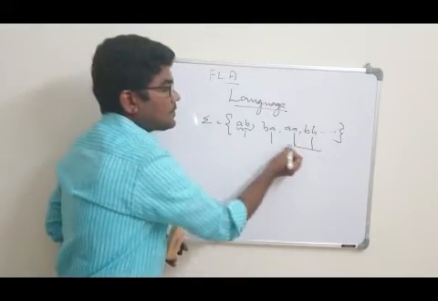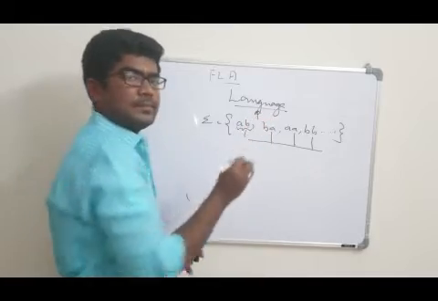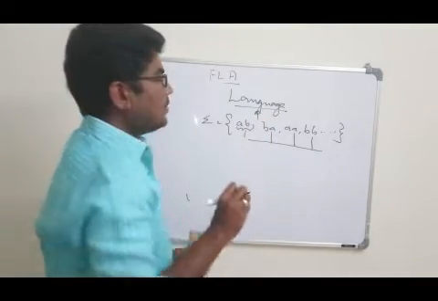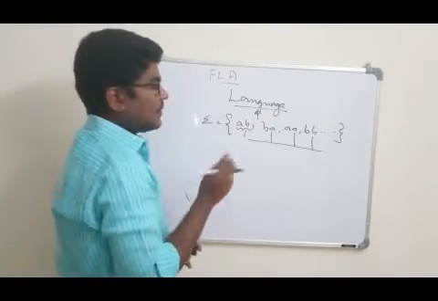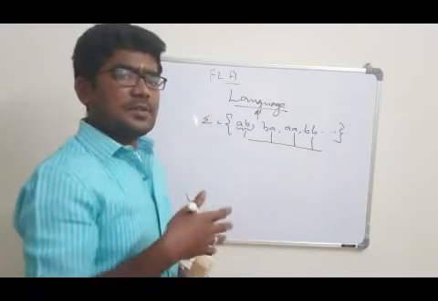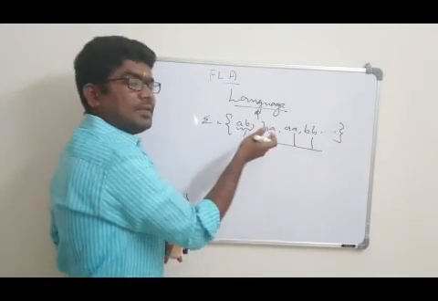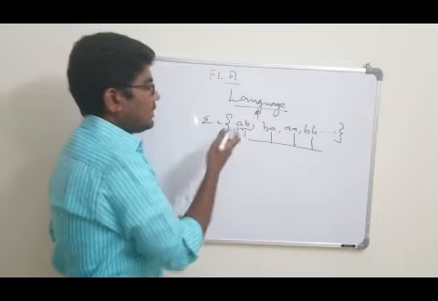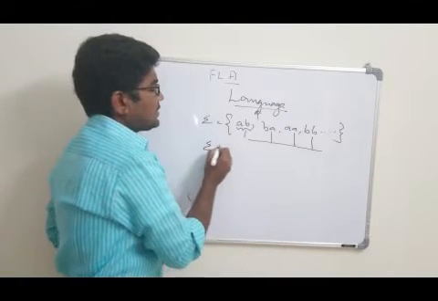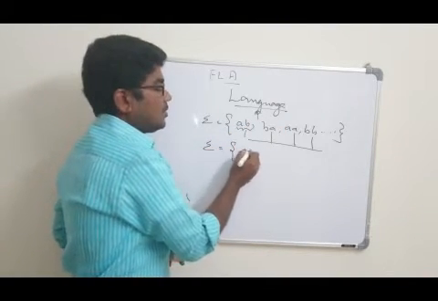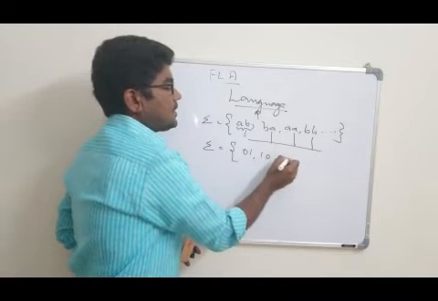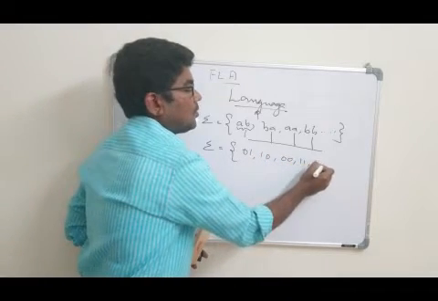All this set of strings comes under a language. Similarly, we can write it in digits also, it's not an issue. I have given an example with variables, but you can also write summation equal to 0, 1, 1, 0, 0, 0, 1, 1, 1, 0, 1, like that.